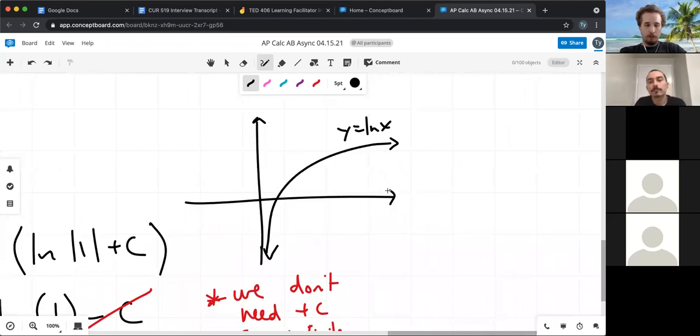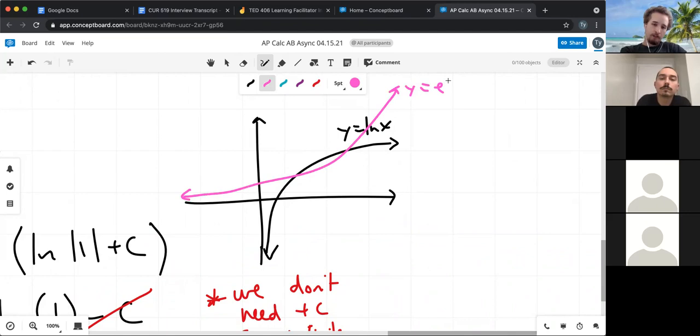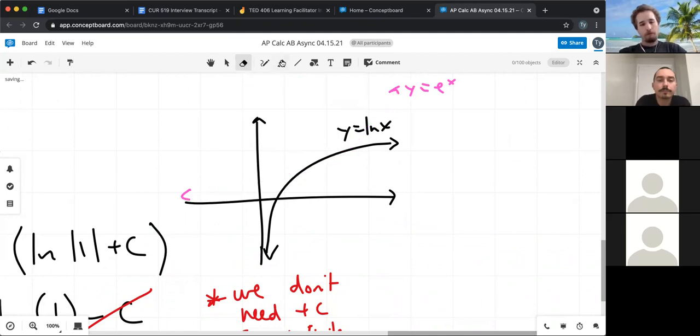It's the opposite operator, and e to the x can never be negative. And so when you're looking for a number that would somehow make e to the x negative, you're never going to find it. So it's just for the same reason that e to the x can never be negative, no matter what x value you put in.